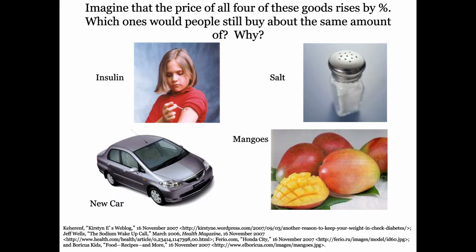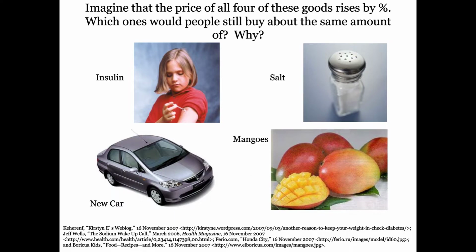All right, now that you've probably noted down these four items, hopefully you got this correct: insulin is a necessity. So if the price goes up, the quantity that consumers want to buy won't change much. Whereas the car, just like mangoes, if the price goes up, there are lots of substitutes.